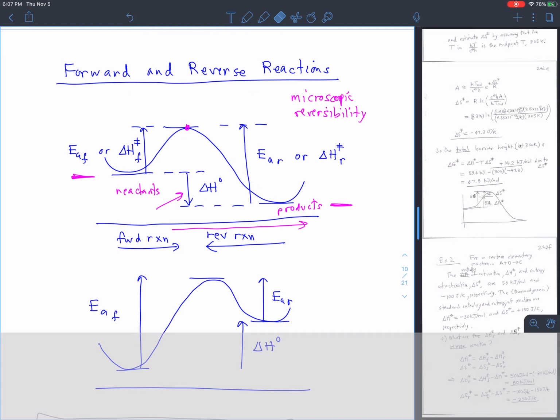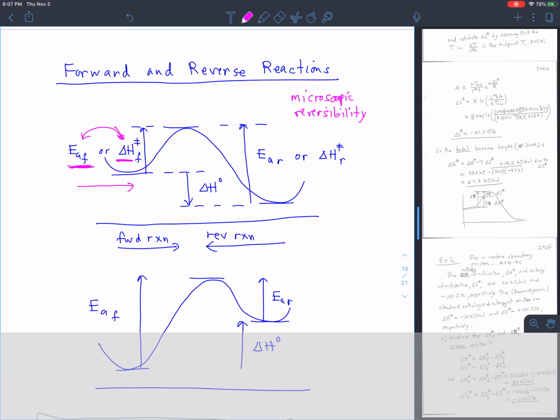So for example, as I sort of alluded to a moment ago, there's an energy of activation on this side, and I said earlier that energy of activation is basically the same as enthalpy of activation. It isn't quite. I want to repeat and reiterate that these two aren't really the same thing.